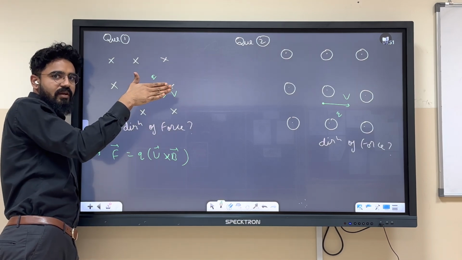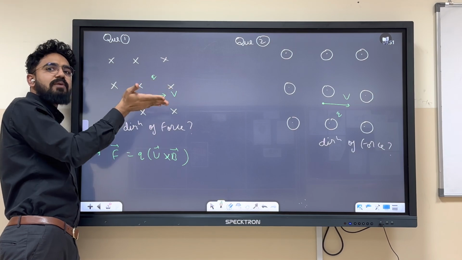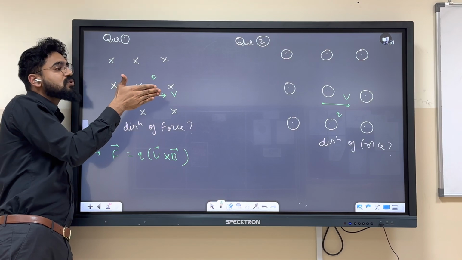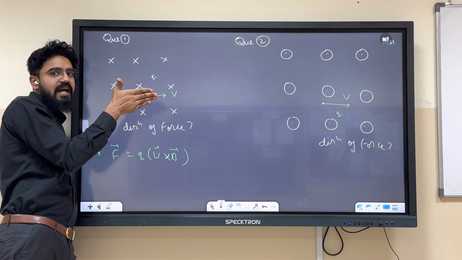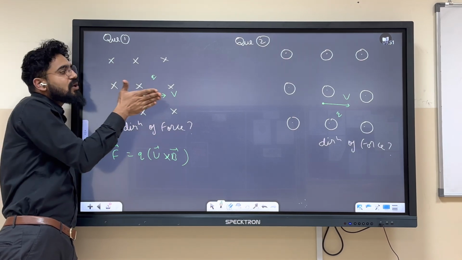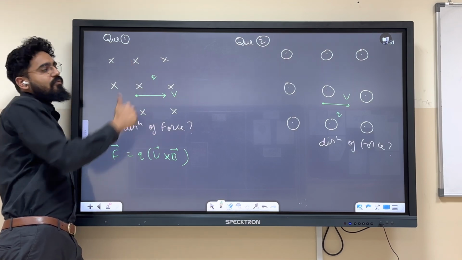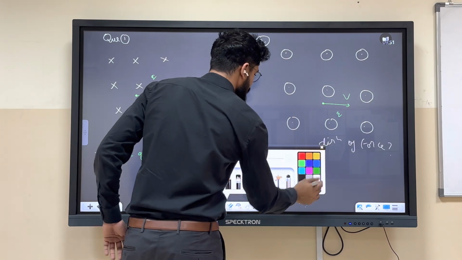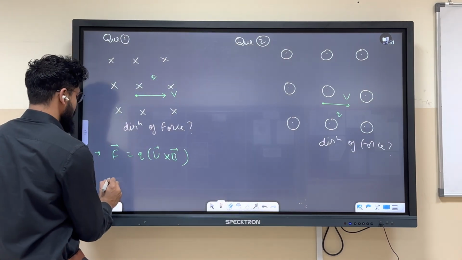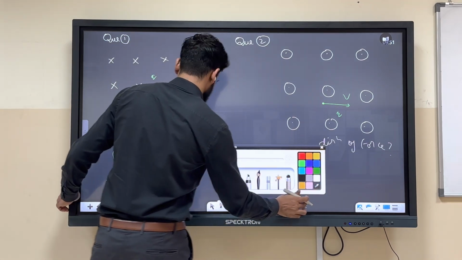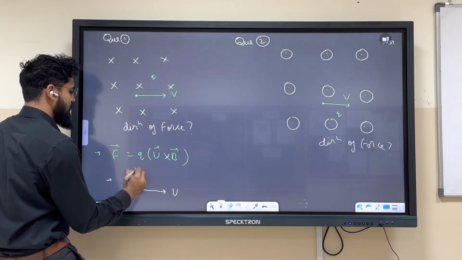You have to move the hand such that you can curl your fingers towards the direction of the magnetic field. So it is in the upward direction. Over here, if this is velocity, force will be in this direction, upward.